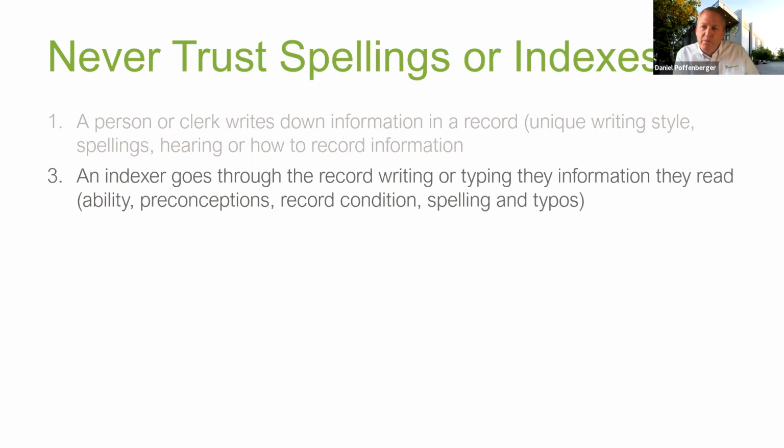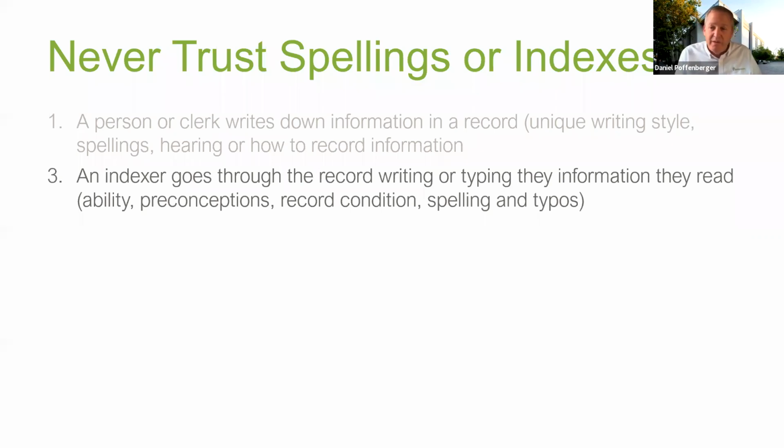And I don't know why the numbering is suddenly kind of weird, but you have an indexer then that goes through the record and who's looking at this original record, and they're going to write it down. In the old days, and later on they started doing word processing and typing, right? But how well can they read the record? When you go through an original record, you're looking for certain surnames, so you have this idea of what that's going to look like. They don't have any preconceptions.